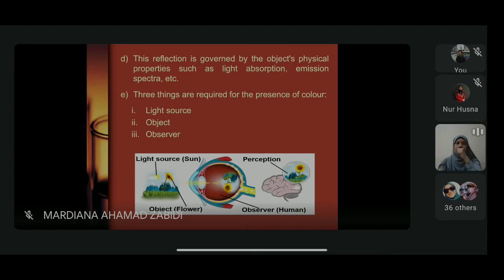So for example, if you have the fluorescence color of a product, that is because we have the luminescence from that particular product. All right, and then in terms of the color of the object, the surface of the object, as well as the shape of the object, the color perception of the object is different if they are round shape versus rectangular shape.